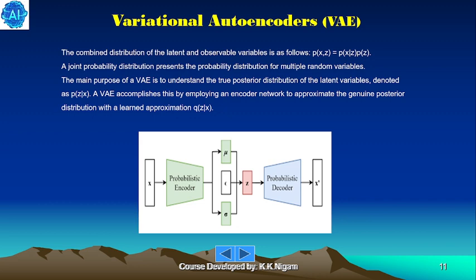The main purpose of a VAE is to understand the true posterior distribution of the latent variables, denoted as P(z|x). A VAE accomplishes this by employing an encoder network to approximate the genuine posterior distribution with a learned approximation, that is Q(z|x).